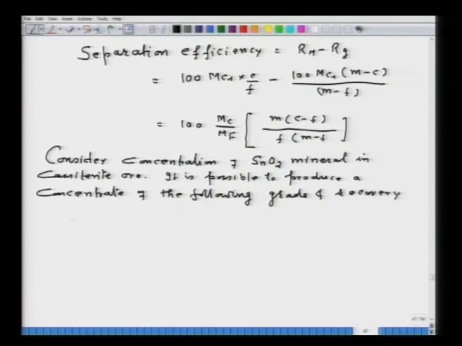So, what is given? Let us take the concentrate, then tin grade and recovery.